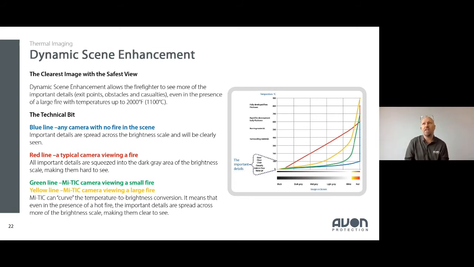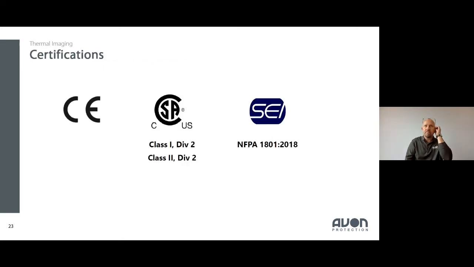And we dynamically adjust the scene using processing to enable that. And that's why you can see a very clear picture of the fire in our cameras, but also a very clear picture of the scene. And the graph on the right hand side there describes how we do that. I'm not going to talk through it because I'm conscious that we're running through on time, but please ask questions if you need to at the end of the presentation.